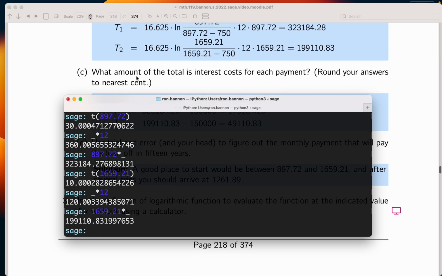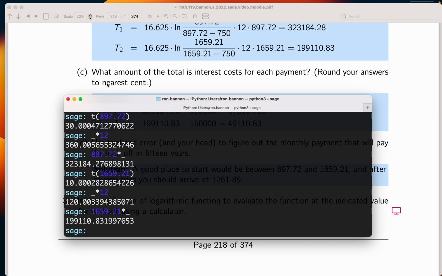Let's go to the next question. And the next question is, what amount of the total is interest costs for each payment? Well, let's do that for this number over here. All right. So I realize people are looking at this. What do you mean total interest? So I have to really understand that there's a loan here of $160,000.